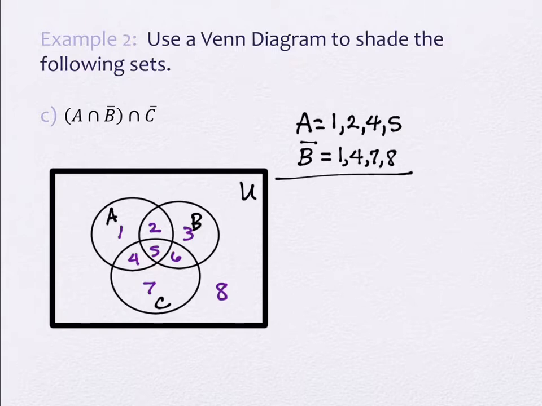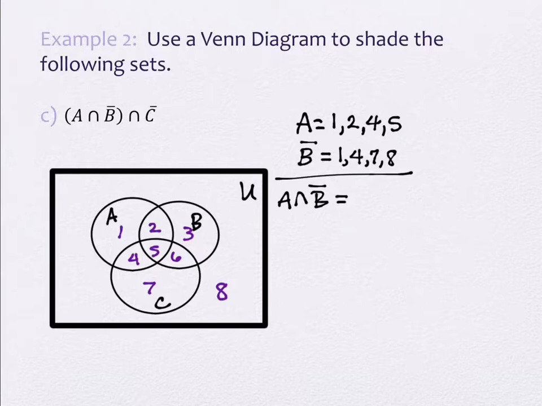And how am I supposed to join these two sets together? Well, before then, I need to join them together first. It also happens to be an intersection, right? So I'm going to join set A and B complement with an intersection. And the intersection means what?